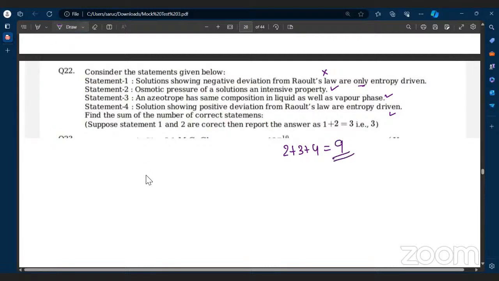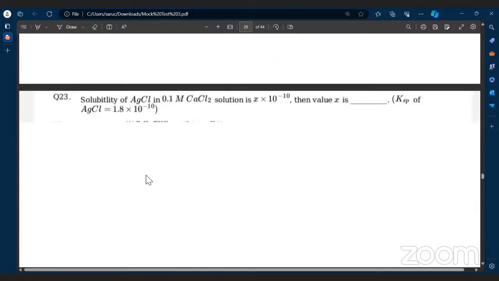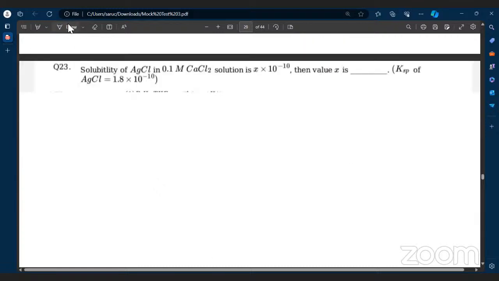Next, the solubility of AgCl in 0.1 M CaCl2 is x times 10 power minus 2. Then the value of x is, Ksp of AgCl is given. So we know that CaCl2 is a strong electrolyte.